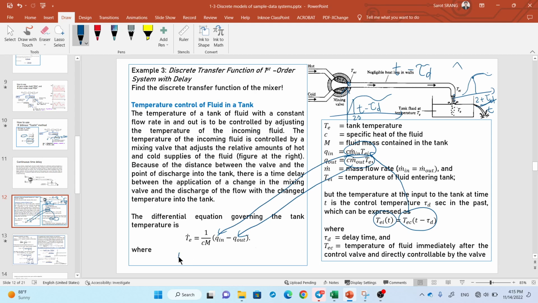Then we can rewrite T dot E equal to this term; if you move it to the left-hand side, you have plus, okay? This minus, and you have some coefficient, just call it a, and you have TE here, right? So TE, and then you have the same coefficient a, but you have TC at time t minus tau D, okay?